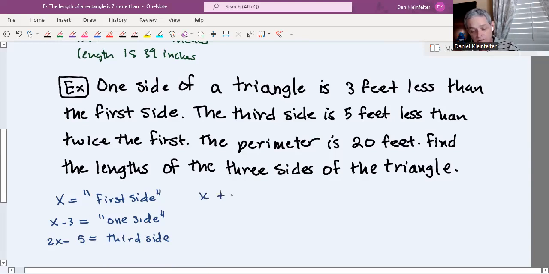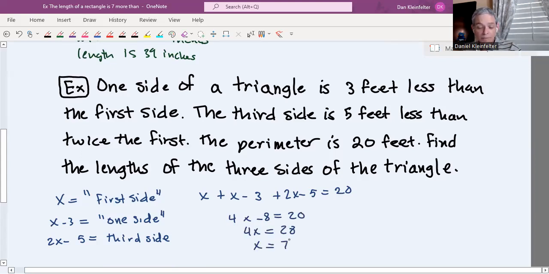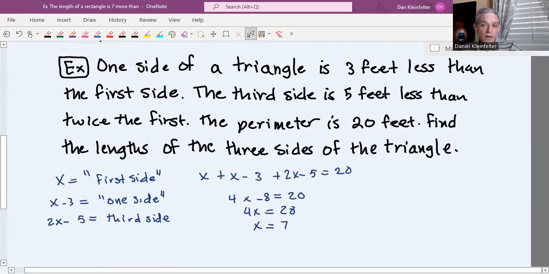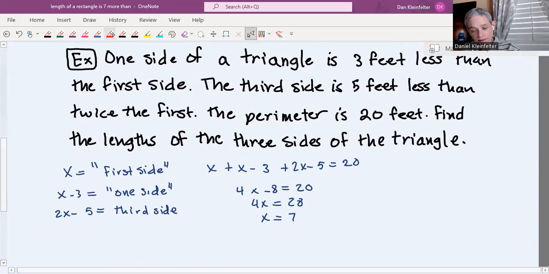We have x plus x minus 3 plus 2x minus 5. That will equal 20. So we have 4 x's minus 8 is 20. 4 x's is 28, so that x is 7. Okay, so then we can do that to figure out the three side lengths.